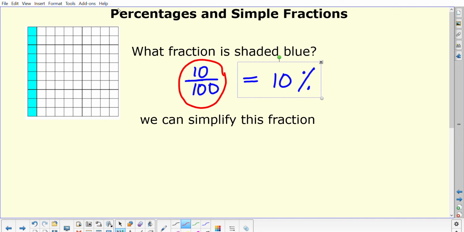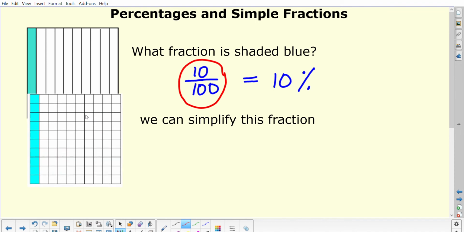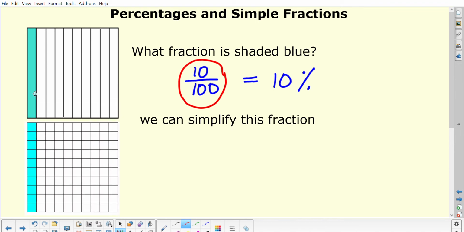And also, if you look at this diagram here, you'll see it's the same size of diagram, but instead of having all the little squares, we've got 10 equal pieces. So each of these is worth a tenth, which means that 10 out of 100, hopefully you can see, is the same fraction as just having one larger piece out of 10.